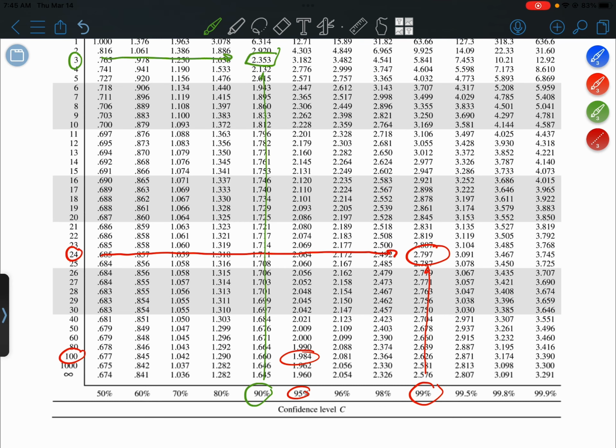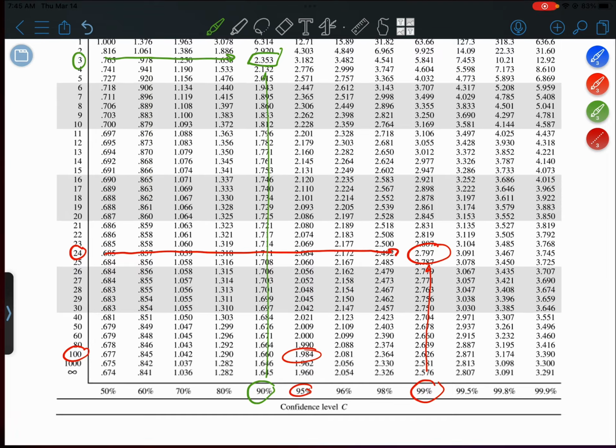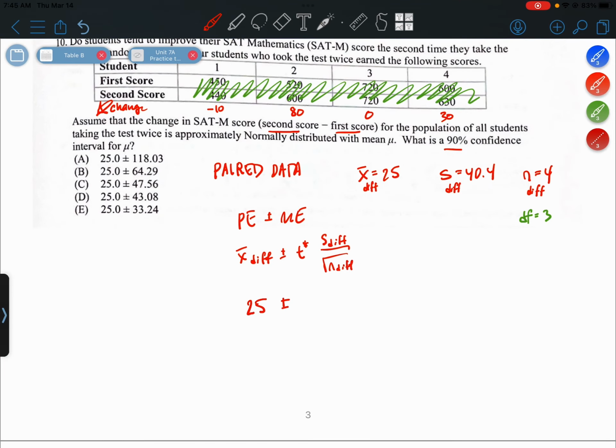So we're looking at 2.353. So 2.353 times 40.4 over the square root of 4.